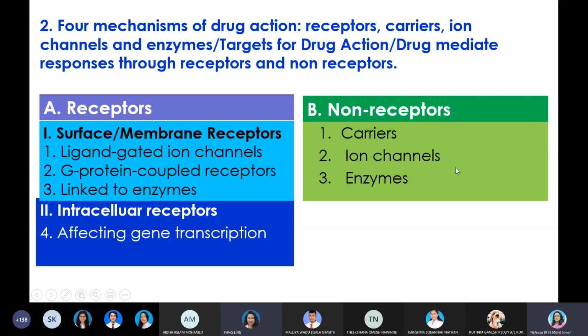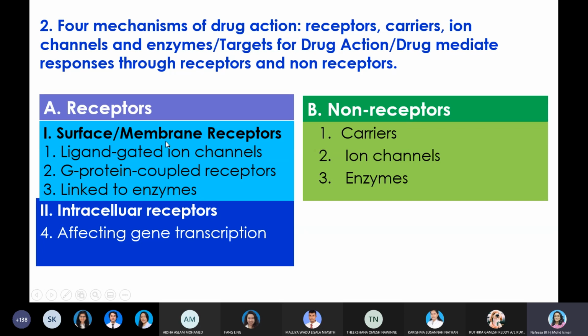Doctor, can you repeat the non-receptor part? Sorry. Okay, the non-receptor parts: there are three non-receptor mechanisms, carriers, ion channels, and enzymes. What is the difference between these ion channels here in the green panel and ion channels here in the blue panel?